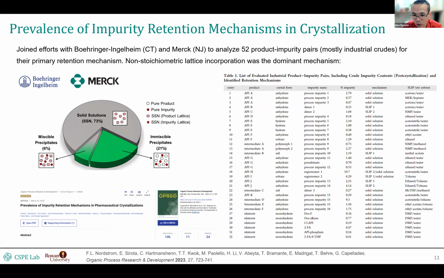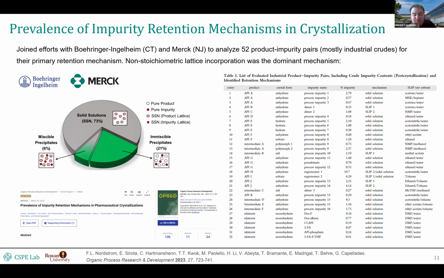Okay, last question. In general, do you think that multiple impurities incorporate independently from one another, or do they interact and affect each other's incorporation? There is a very recent paper from my collaborator Fred Nordstrom, published a couple of months ago.